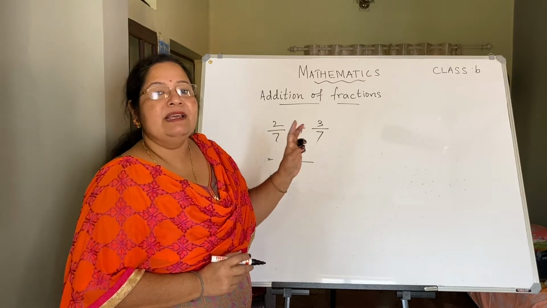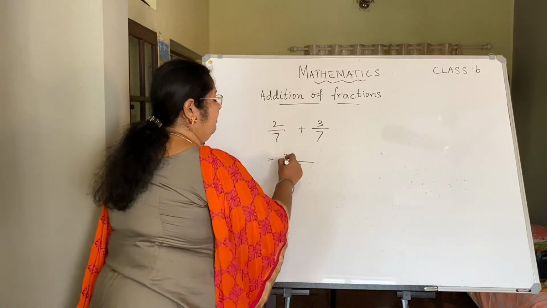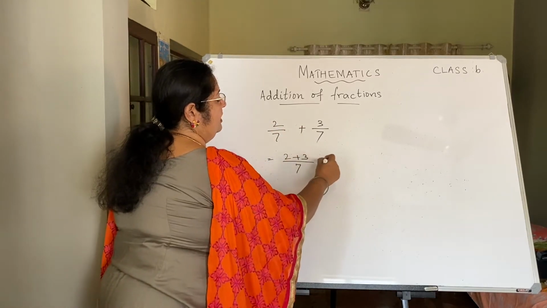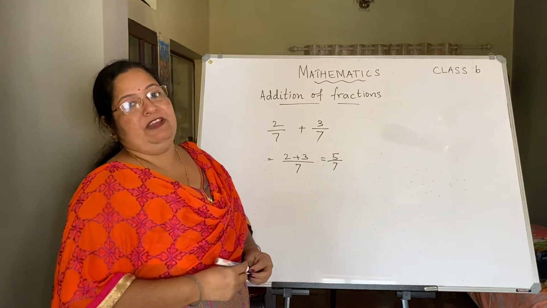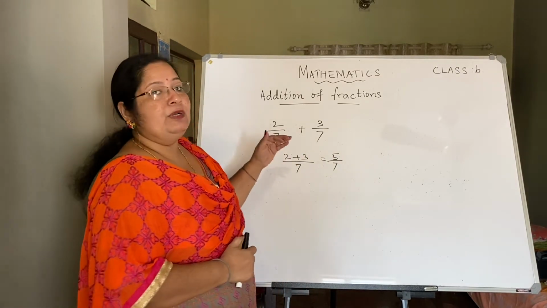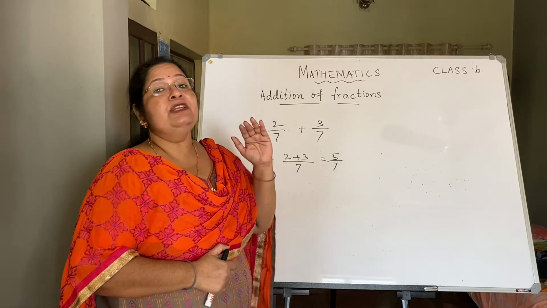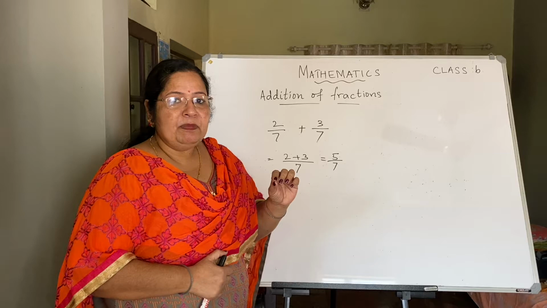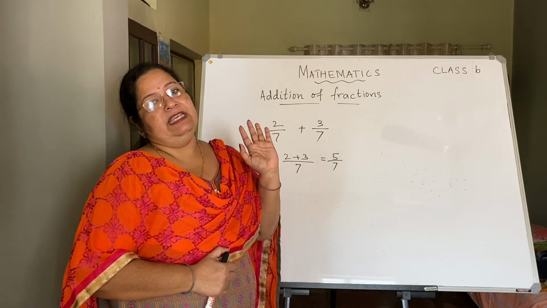You just add the numerators. So the numerator will be 2 plus 3, which is 5. So your answer is 5 by 7. So to add two like fractions, what you have to do? You only add the numerators, keeping the denominator the same as that of the like fractions.